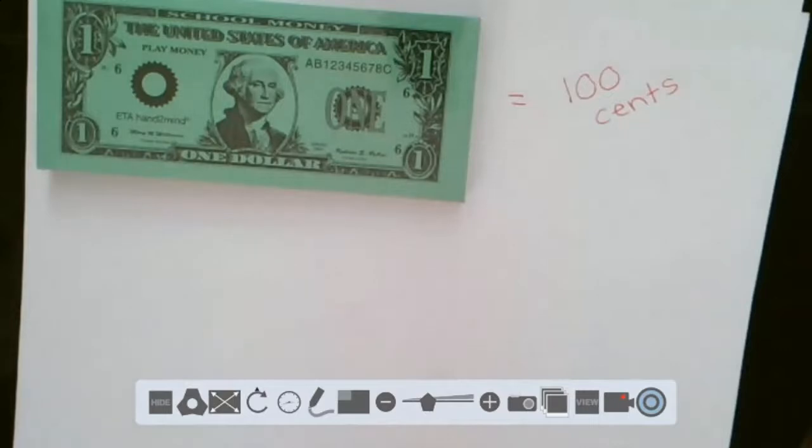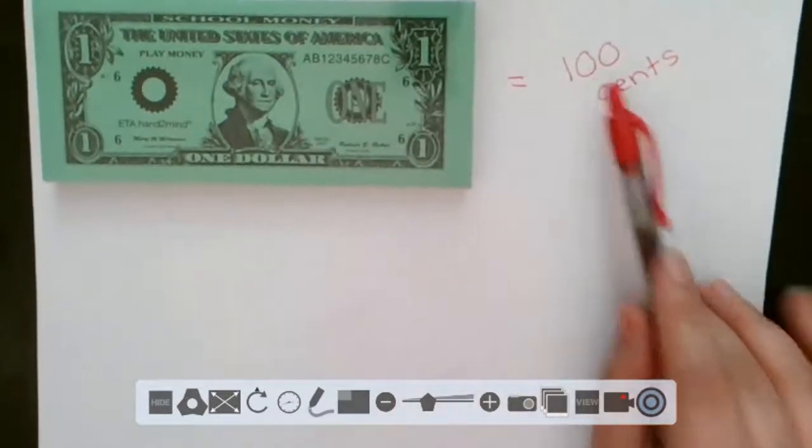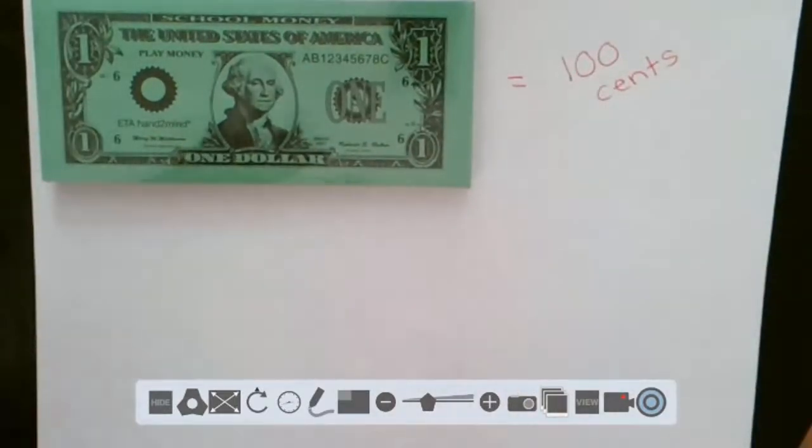Dollars are worth more. So this dollar equals 100 cents. So what we can do is take our different coins and try to reach 100 with them. And based on the coin's value, that might take more or fewer coins. You kind of just have to experiment with it.